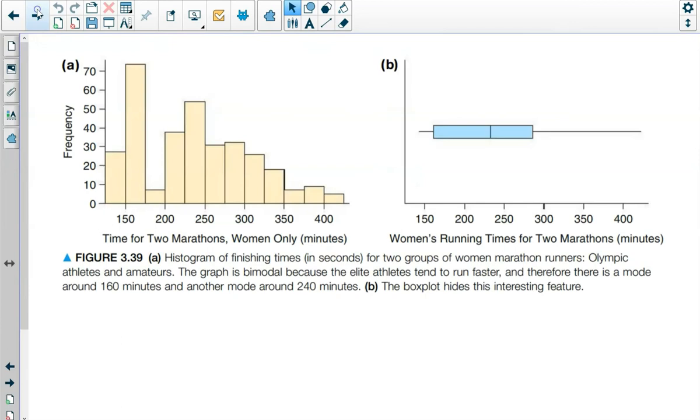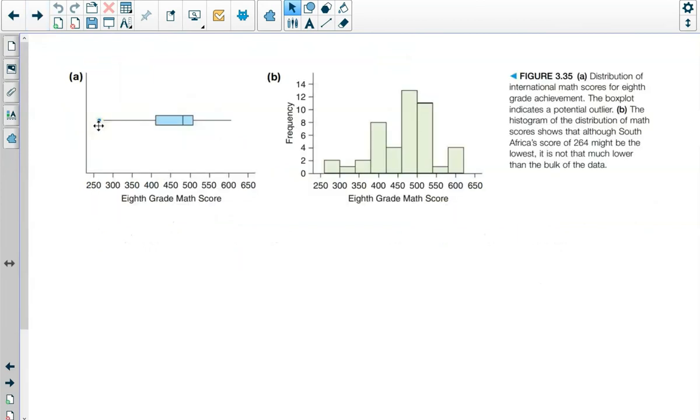So here you can see a box and whisker plot. Here's what a potential outlier looks like. They put a dot there. But again, like I said, it's going to be our due diligence to start looking at potential outliers, because if we look at our histogram right here, this is the histogram of this same data. This point right here represents South Africa's 8th grade achievement score.